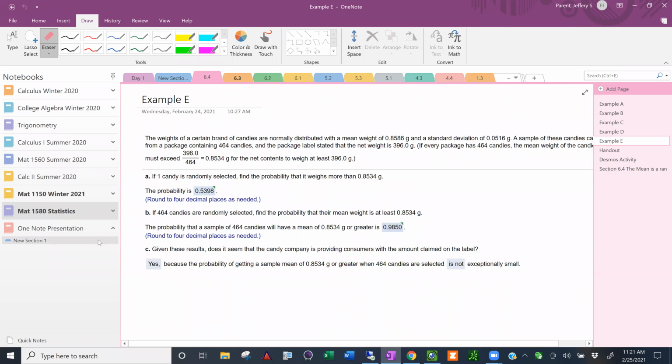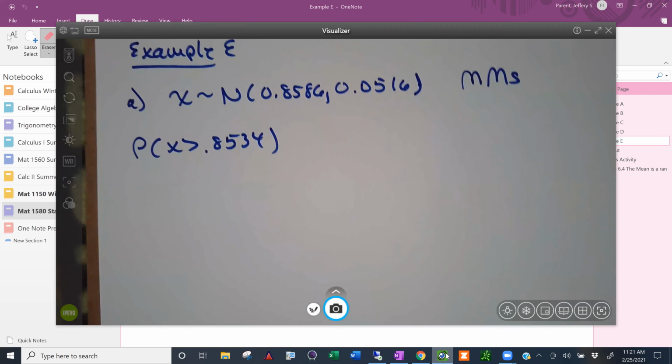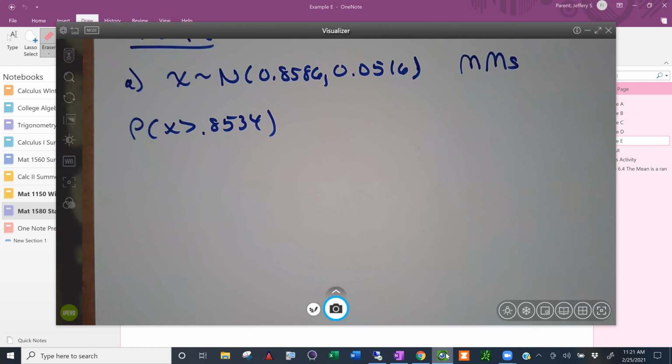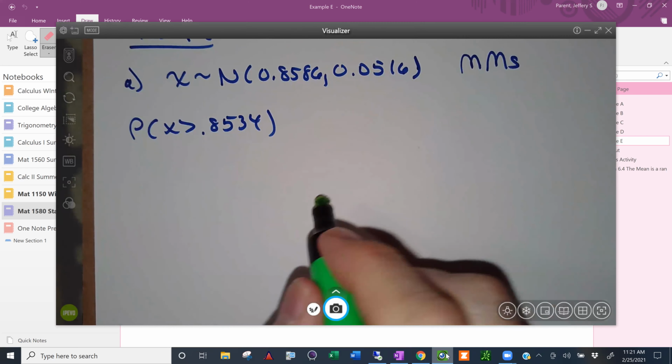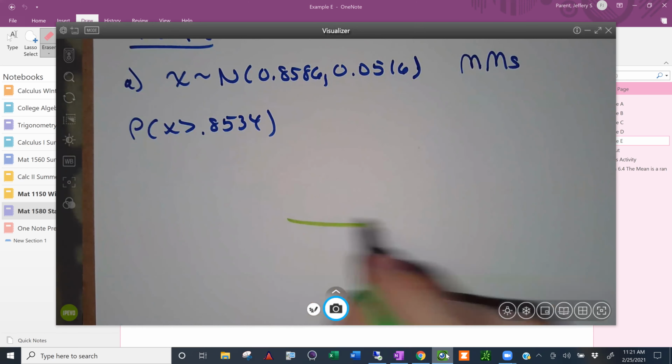We're going to take a look at the probability that if we select one, the candy weighs more than 0.8534 grams. So that's the probability we want: X greater than 0.8534. Let me draw our distribution.